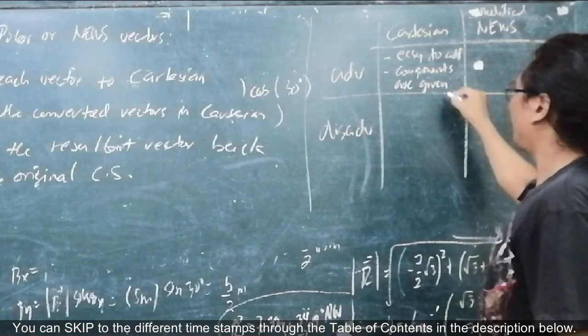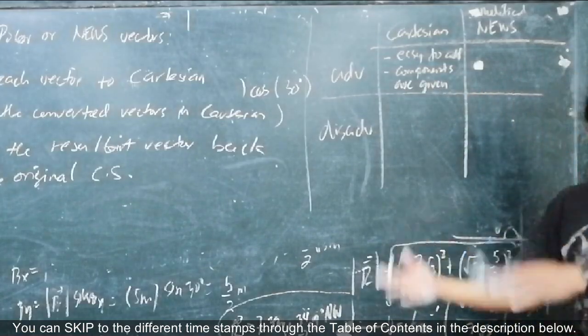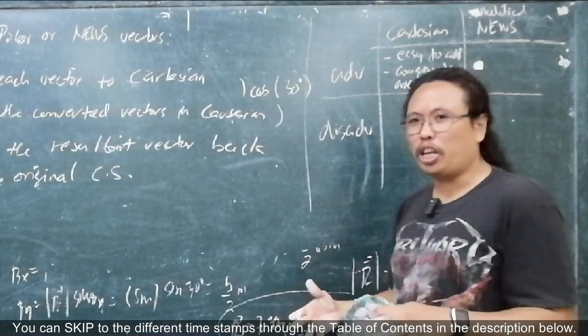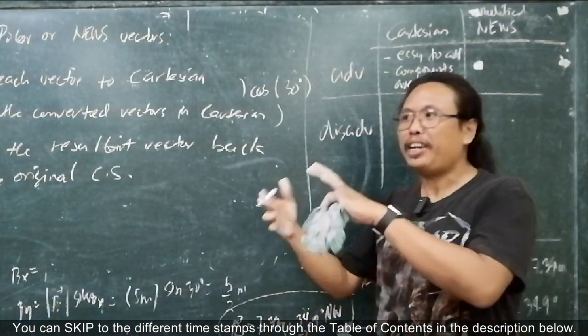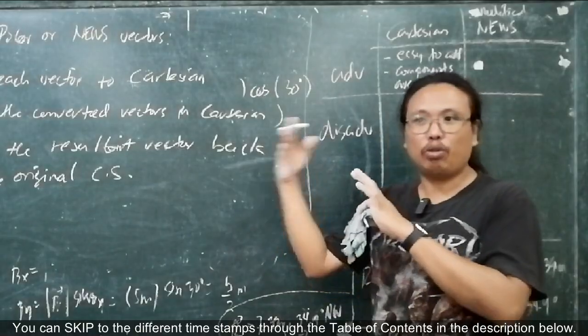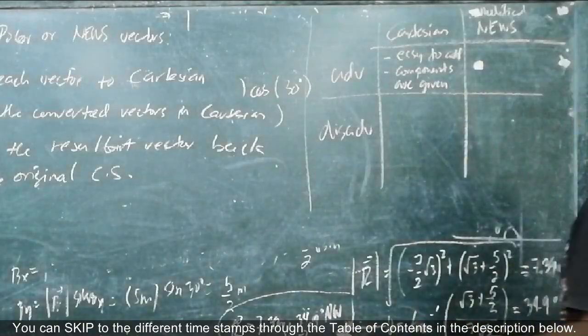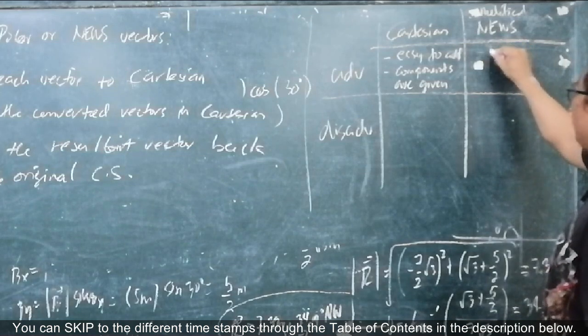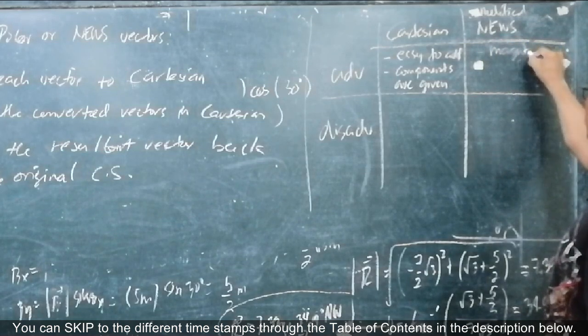Now, in fact, another term for Cartesian vectors is component form of the vector. Or in some introductory books, they call these the components. Find the x component and the y component. What we are actually doing is converting the vector into Cartesian vector there. The advantage of the modified polar form is that the magnitude is already given.